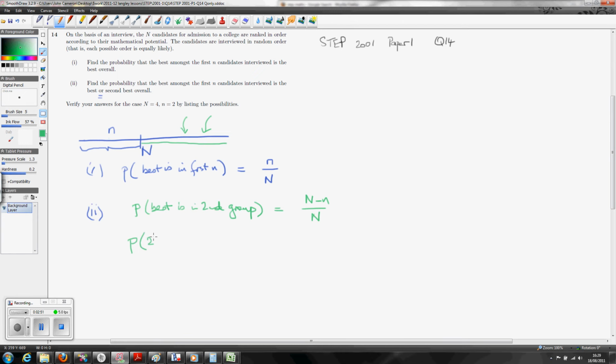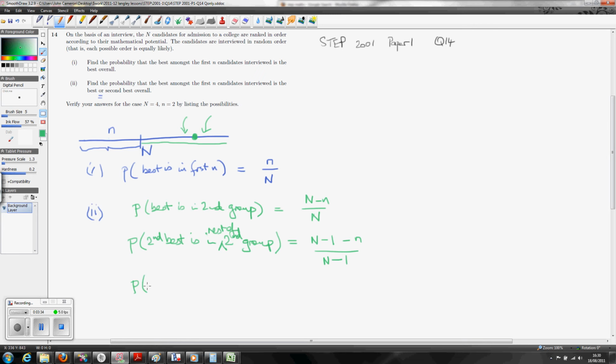The probability that the second best is in the rest of the second group, perhaps we should say, because we've got the best one here, so we're looking for the probability that the second best is in what remains here, and what remains is N minus 1 overall, because the best is already spoken for, so (N minus n minus 1) over (N minus 1).